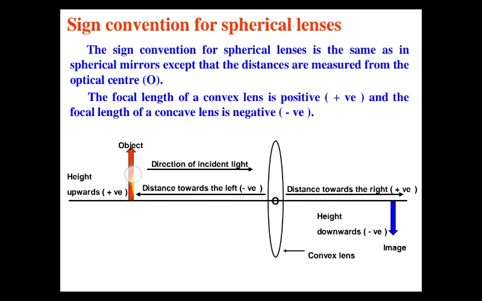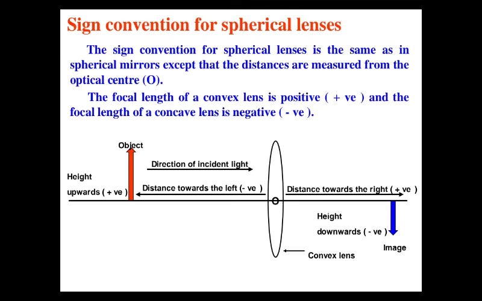As the object is always placed above the principal axis, the height of the object is taken as positive, and as a real image is formed below the principal axis, the height of the image is taken as negative in case of a real image, and in case of a virtual image, the height is taken as positive because it is formed above the principal axis.